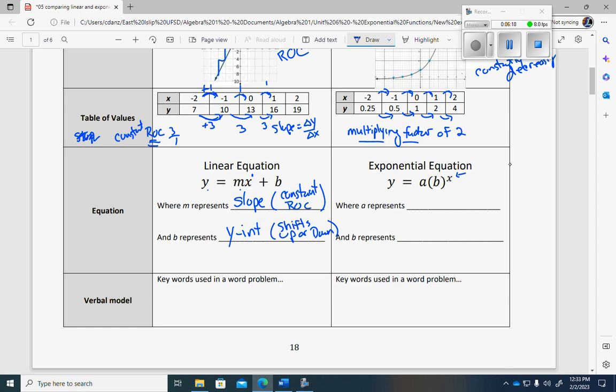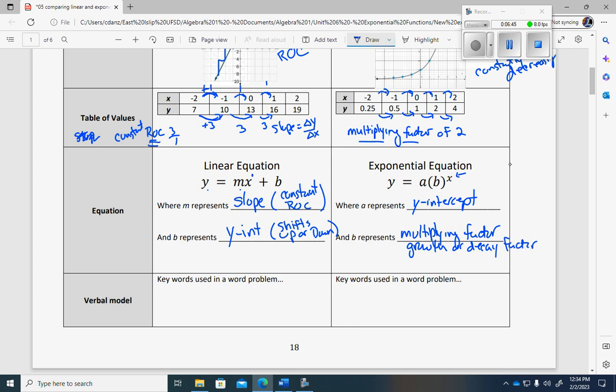And then the exponential function, remember, a is your y-intercept. It does not represent a shift. And b is your multiplying factor, or we can call it our growth or decay factor.